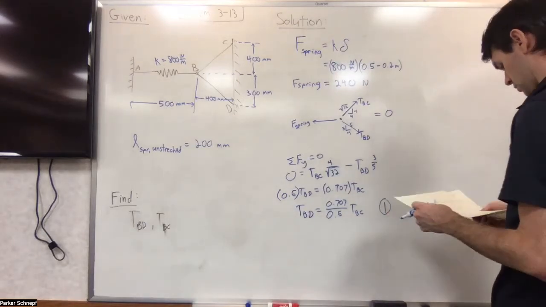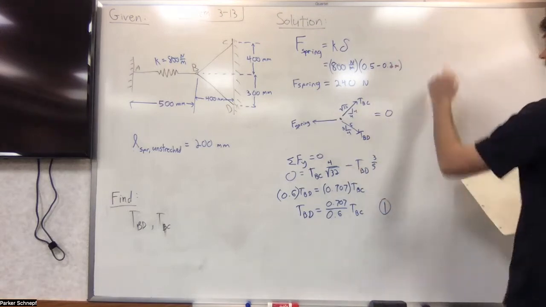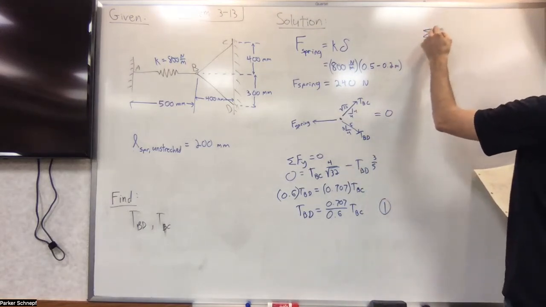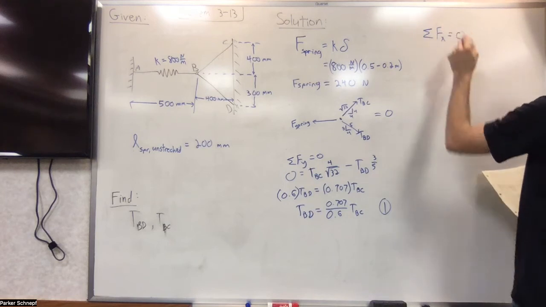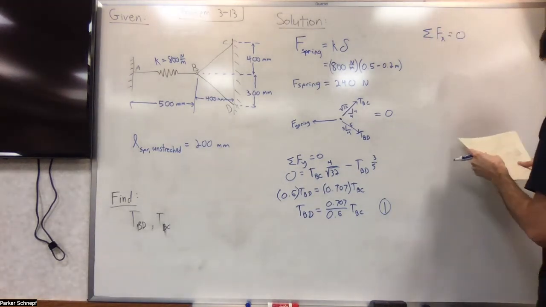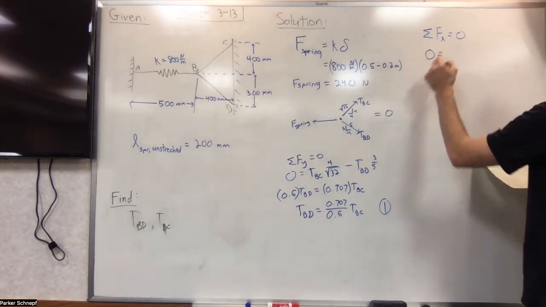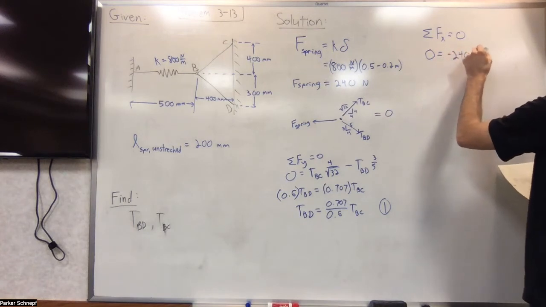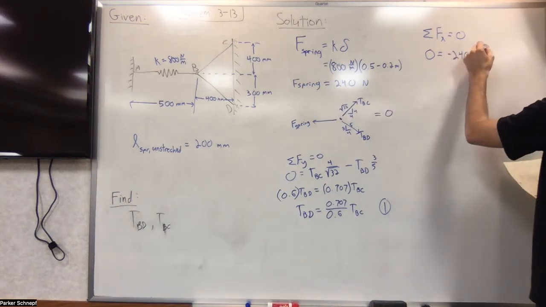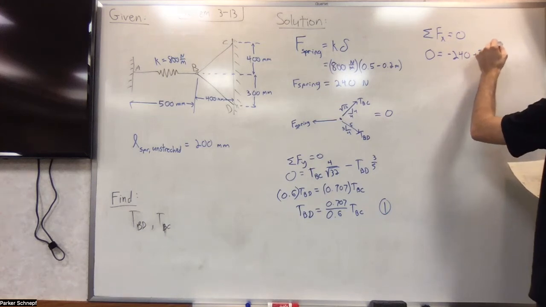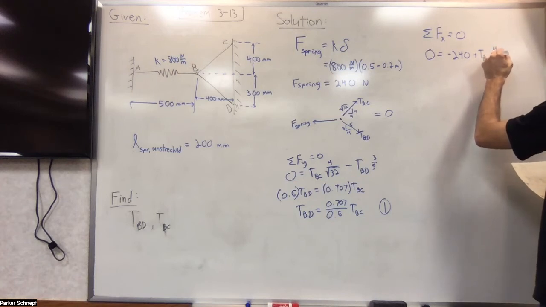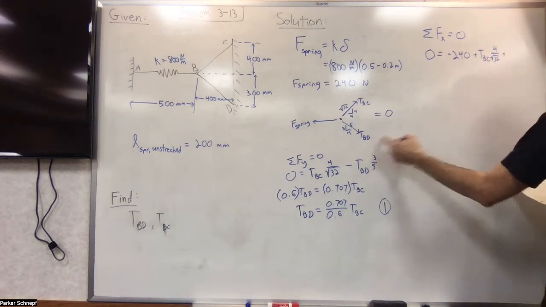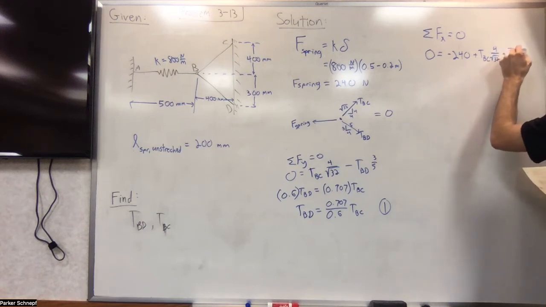And now I'm going to scoot over here so you can actually see what I'm doing. I'm going to use my other equation. Sum of my forces in x equals 0. And so 0 equals a negative F spring, which is 240, so minus 240, and then plus TBC times 4 over the square root of 32, plus TBD times 4 over 5.